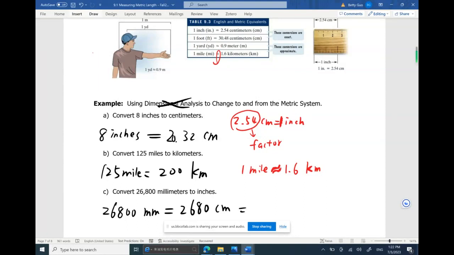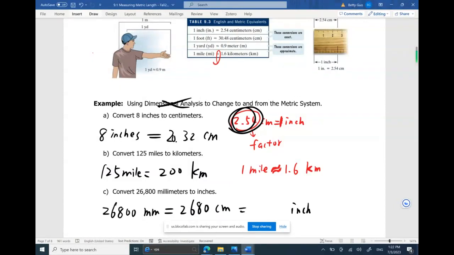And from centimeters to inches, remember inch is a bigger unit, right? And this is the same factor, 2.54. So inch is a bigger unit, and the number in front of it is supposed to be smaller. So we want to make the number 2,680 smaller.